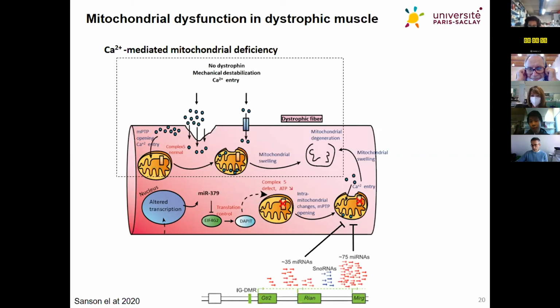I think probably yes, but I don't really know about this issue. To be honest, I don't really know much about the story about the calcium defect in Duchenne.